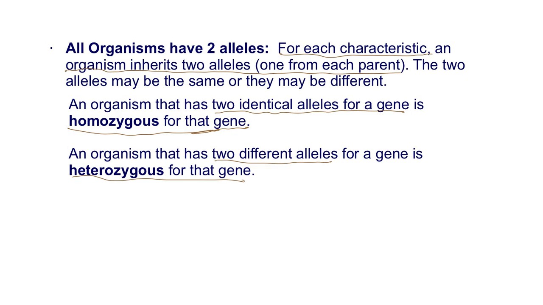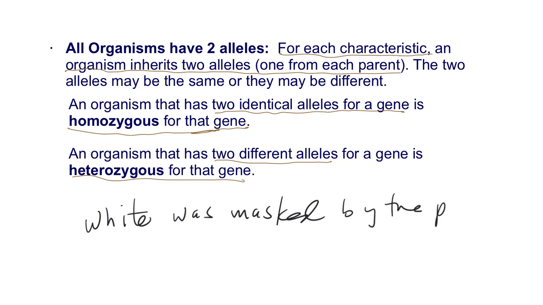Okay, so we said that one of the alleles is masking the other allele in the F1 generation. So we saw that the white flower allele was masked. The white gene was masked by the purple flower gene. Actually, I should say allele.